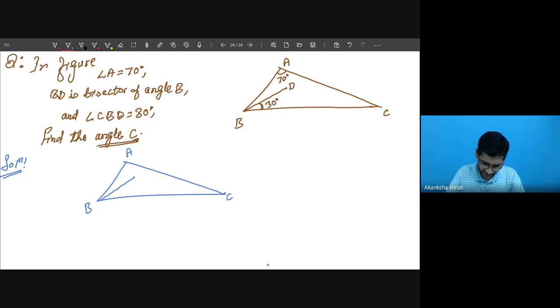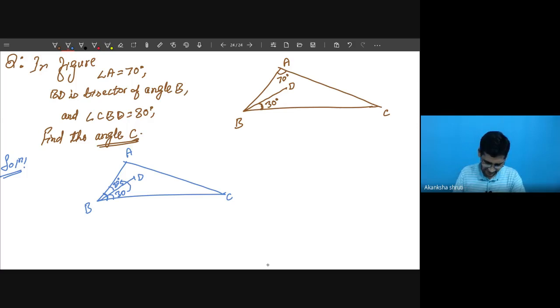So here it is given that this BD is the angle bisector. So this is 30 degrees on one side. So this simply tells that this angle will also be 30 degrees. So therefore angle B will be twice of this angle.